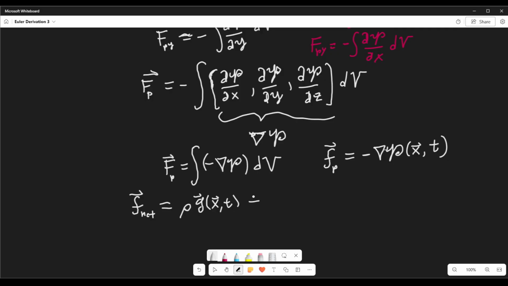And then on top of that, it's added to the force of pressure, which is actually going to be subtracted. So that's the negative gradient of p, dependent on space and time.